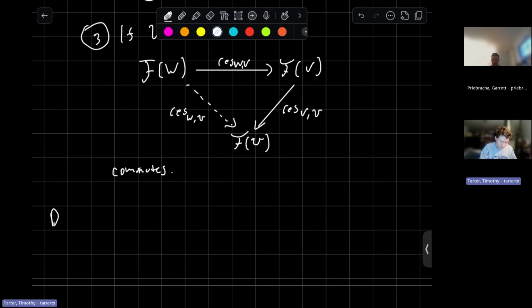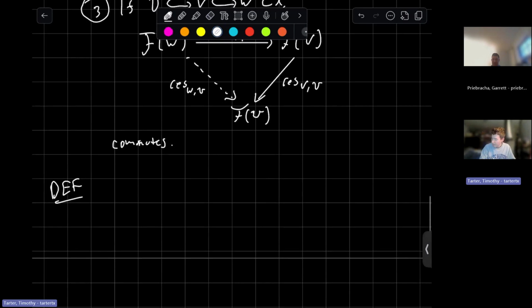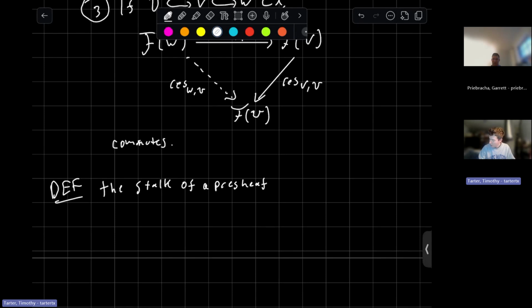Right. So definition, stalks and germs. We'll define the stalk of a pre-sheaf at a point, which can be defined really in two ways. One is just as a hands-on thing, where we talk about gluing things together, I think, if I had to guess.